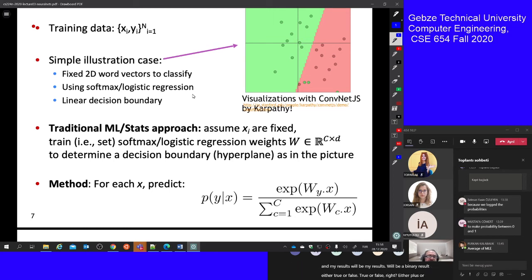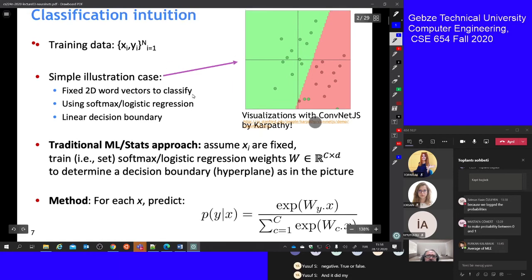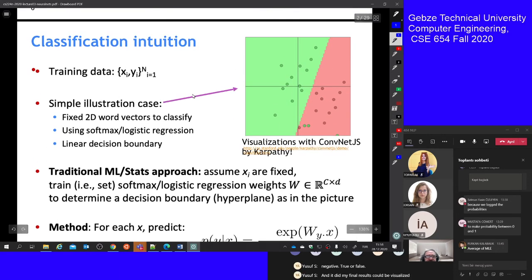And my final results could be visualized using this kind of a two-dimensional visualization. Remember what was my input size, 600 dimensional, right?